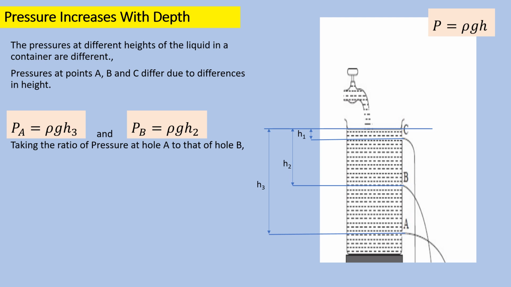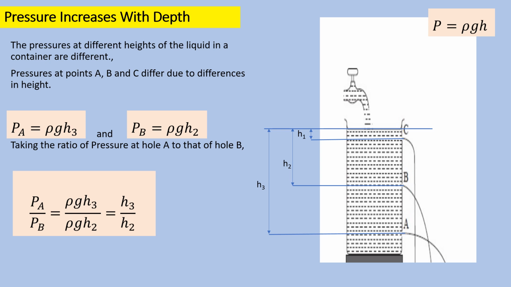And we can make a very beautiful observation by taking the ratio of pressure at hole A to that of hole B. We essentially come to the conclusion that pressure at point A divided by pressure at point B equals the height from the surface to point A, which is H3, divided by the height from the surface to point B, which is H2.